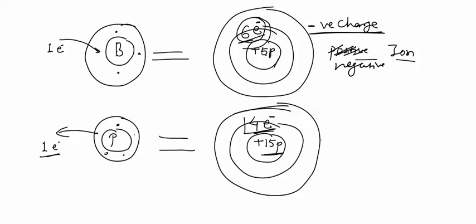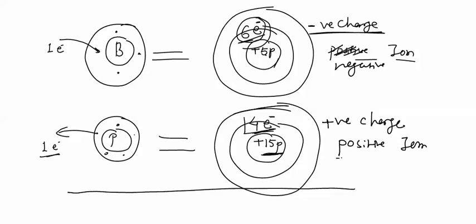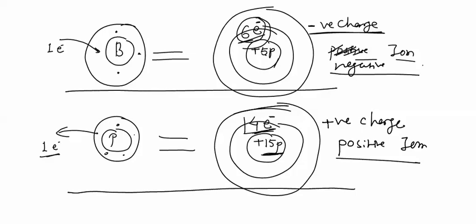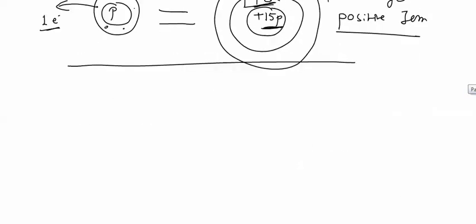If we see this atom overall, we will see there are 15 positive charges and 14 negative charges, and we can conclude that there is a net one positive charge on this atom, and we will call it a positive ion. It means in n-type semiconductor there will be positive ions, and in p-type semiconductor there will be negative ions. Now we can represent these two materials on paper.